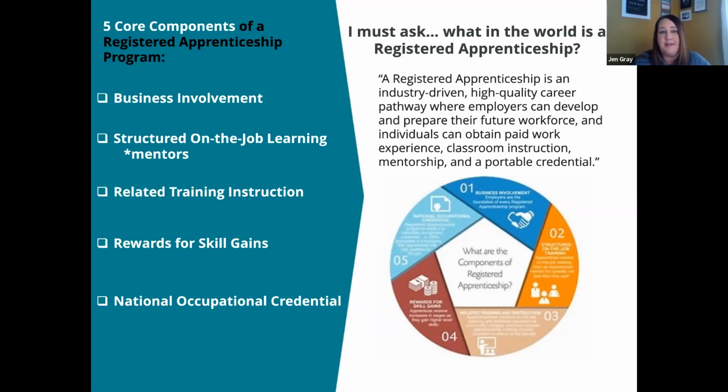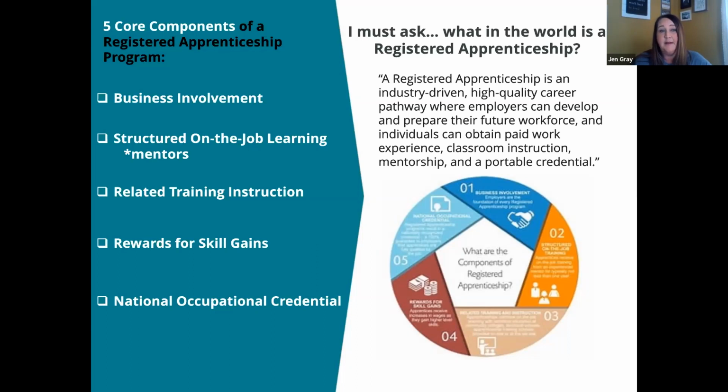The first component is business involvement. You really are the one that is designing this program. You are the one determining the competencies. We have an outline for those on-the-job competencies, but you're really going to make it more geared towards your agency.